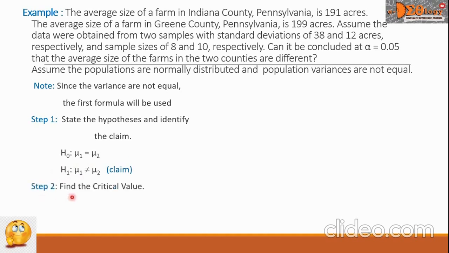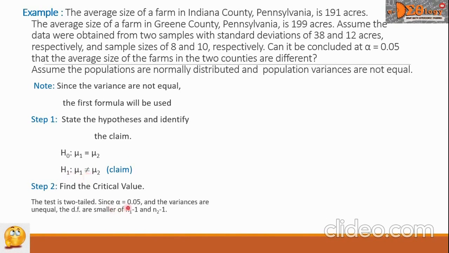Step 2 is to find the critical value. We take note that the test is two-tailed. As we can see, in the alternative hypothesis, we use the not equal sign. Since alpha equals 0.05 and the variances are unequal, the degrees of freedom are the smaller of n sub 1 minus 1 and n sub 2 minus 1.